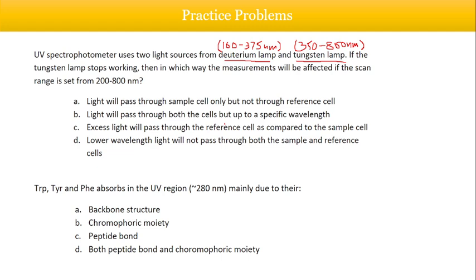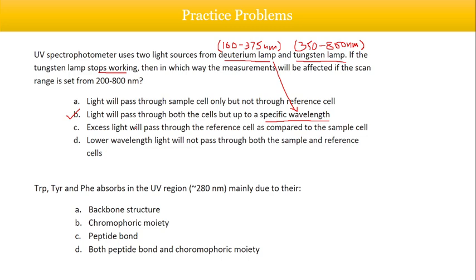So the tungsten lamp stops working, so you cannot detect in the range of 350 to 800 nanometer. So the light will pass through both the cells, but up to a specific wavelength. In this particular range only you can detect, otherwise you cannot. But the light will pass through both the cells.